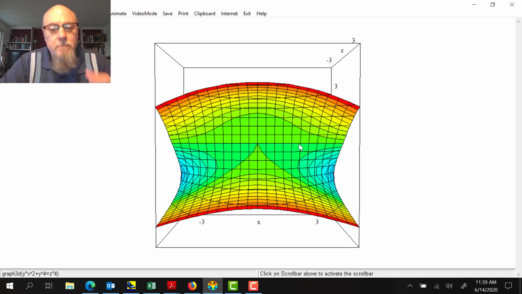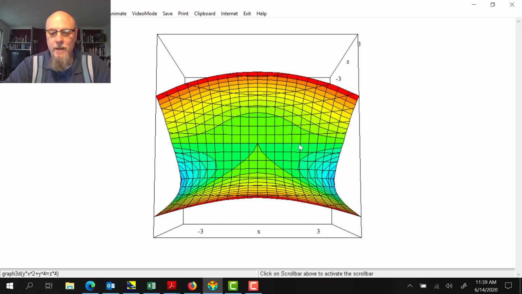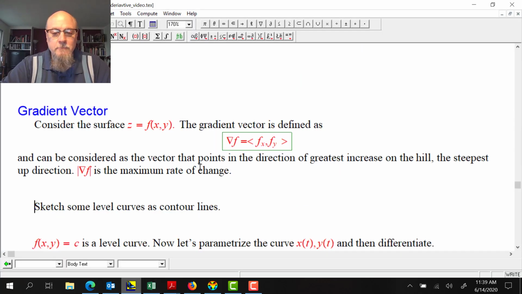But the gradient vector is the vector that points in the direction of greatest increase in the function, so the height going up. So we're talking about a function. The height is given by a function of x and y. So our gradient vector then is a 2D vector because it's a direction that I would walk on the ground to be going the steepest way up the hill.